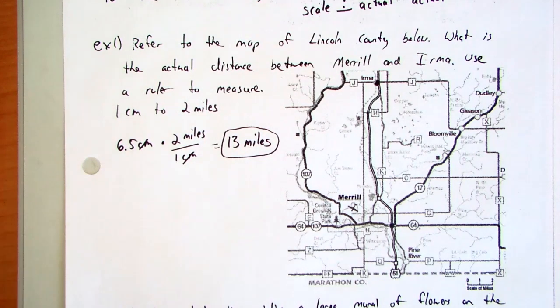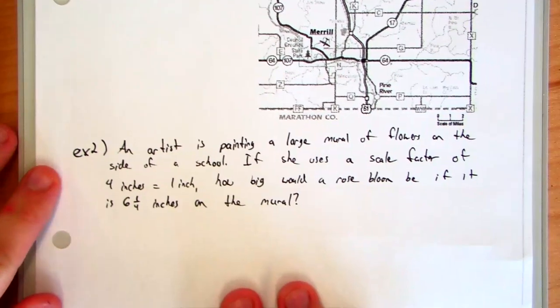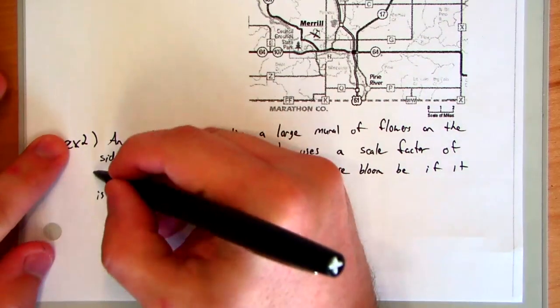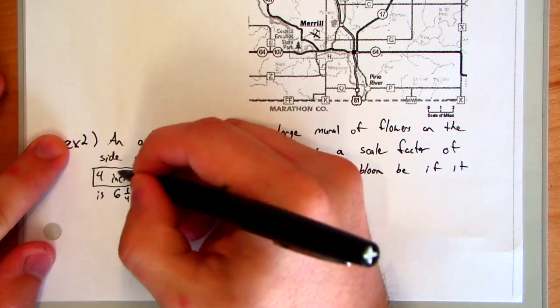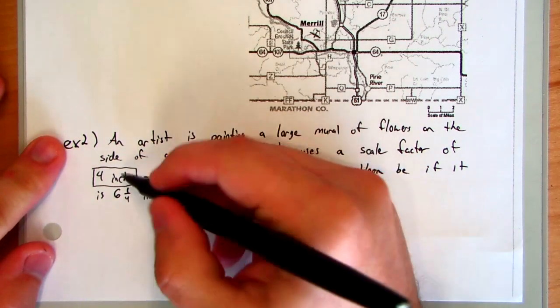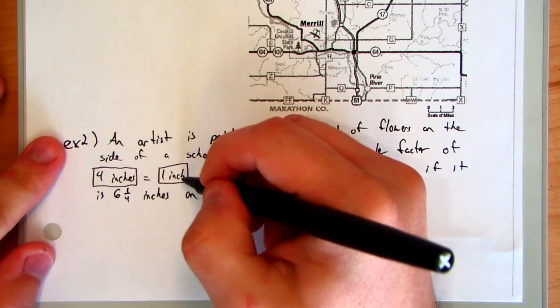Now, sometimes we actually won't have any kind of picture, but let's look here at example 2. It says an artist is painting a large mural of flowers on the side of a school. If she uses a scale factor of 4 inches equals 1 inch, which means that this is the scale, or the model, and this is the actual thing, the mural is going to be 4 times bigger than an actual flower.